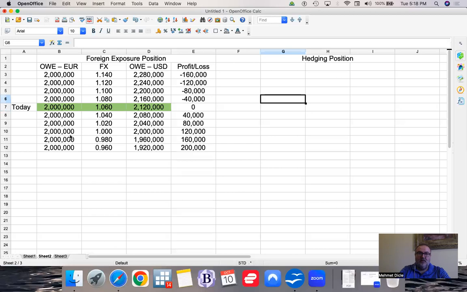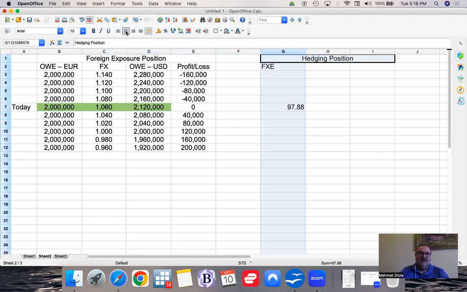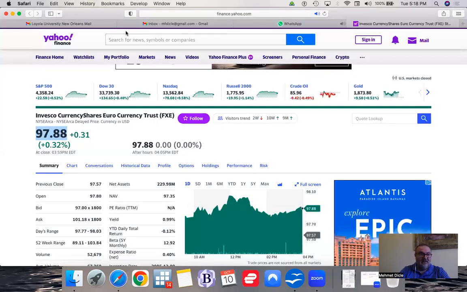We are going to be doing an FXE, and remember, this is today. The index ETF price is 97.88. And remember, this is the correct price. Literally, this is what you would pay to buy this ETF if you had a brokerage account and if you wanted to buy the FXE as an ETF.